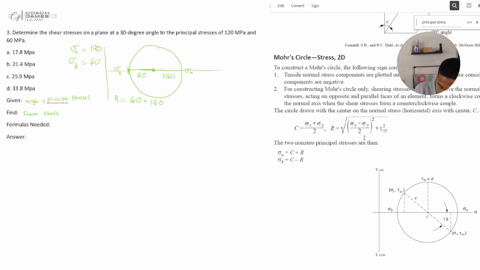Just like it's saying, and this point is 60, and the other end is 120, then the distance between those two is going to be 120 minus 60, and then divided by 2, and that's going to give me my radius of this.